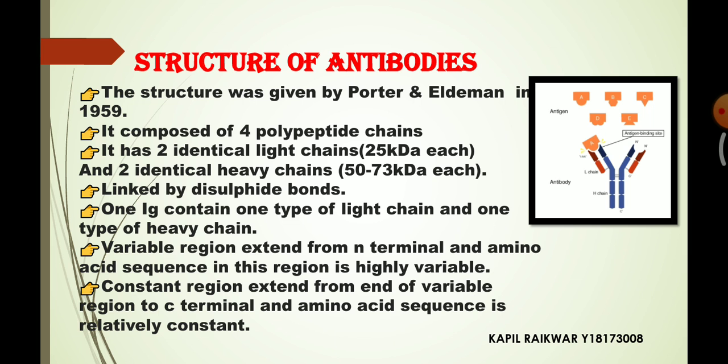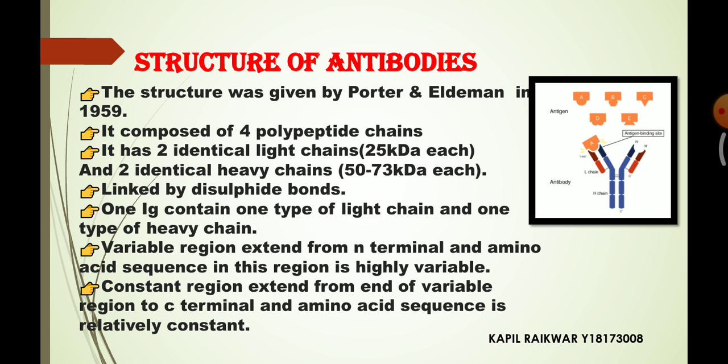The H chain arms extend into the hinge region, which is rich in proline and cysteine. The hinge region is the area of the H chain between the first and the second C region domains and is held together by disulfide bonds.